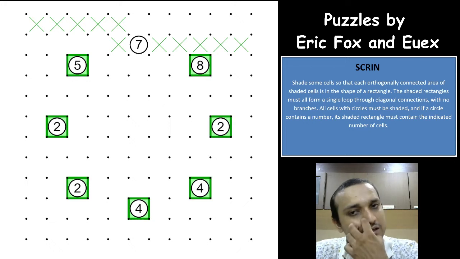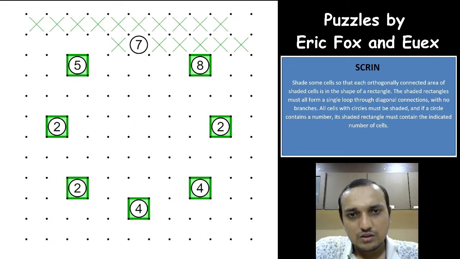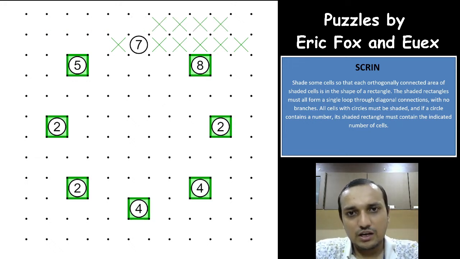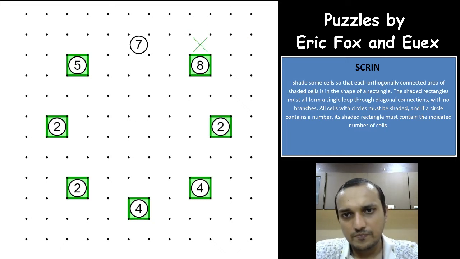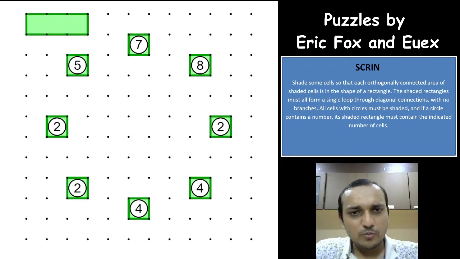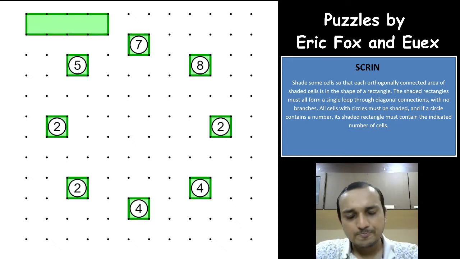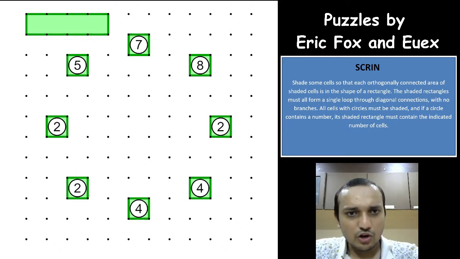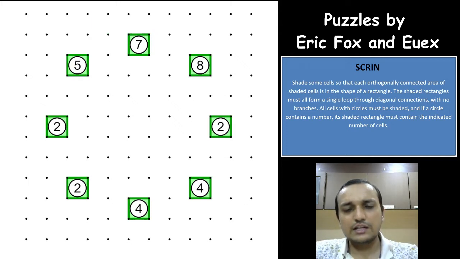That is never possible, because the moment you form a rectangle starting from the corner, you will have only one possible diagonal connection in that rectangle. You cannot have a diagonal connection here, here, or here. So a rectangle can never be formed from the corner.